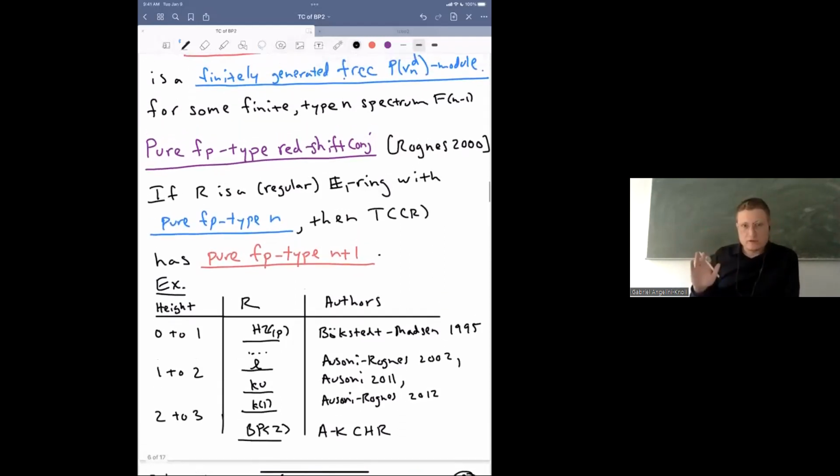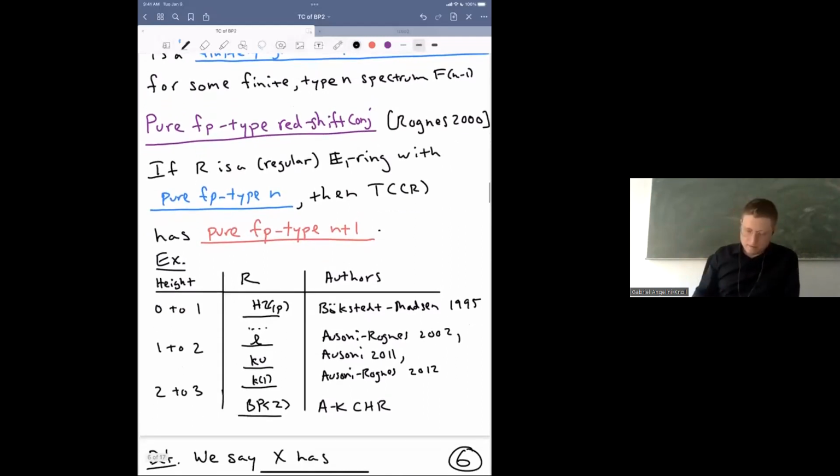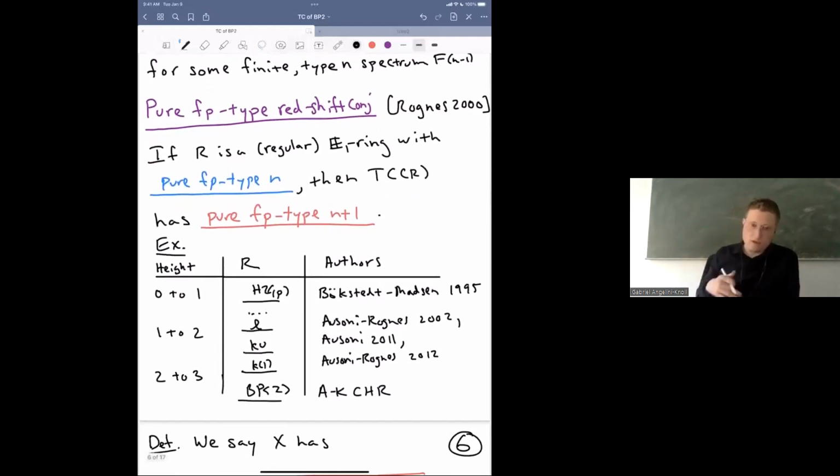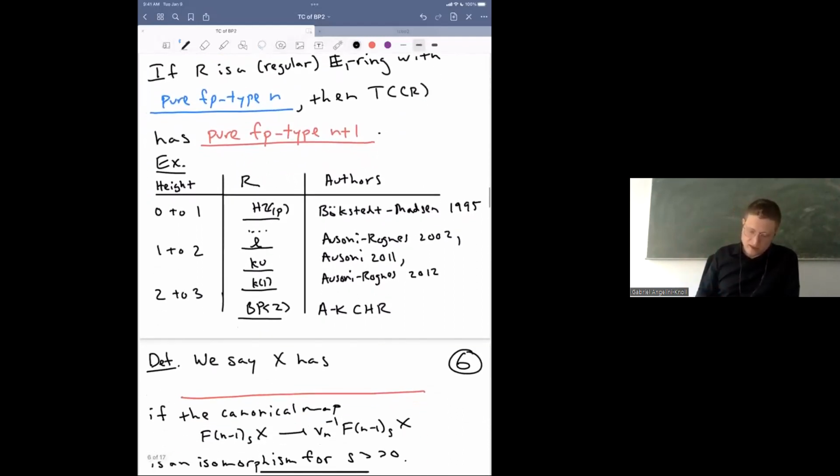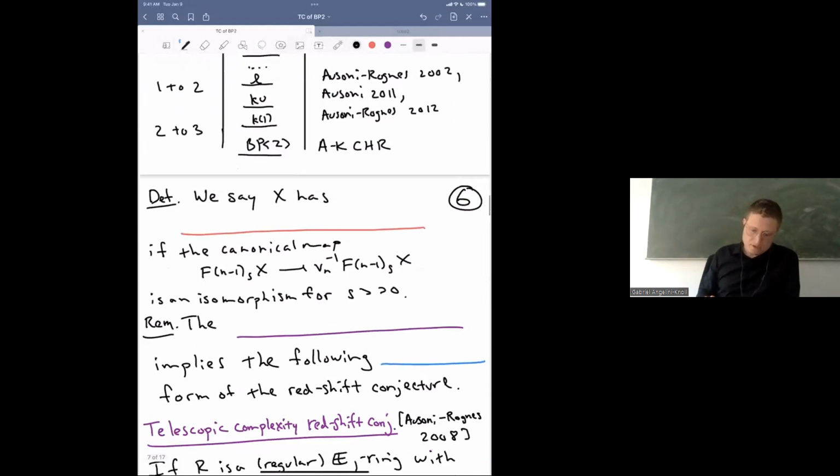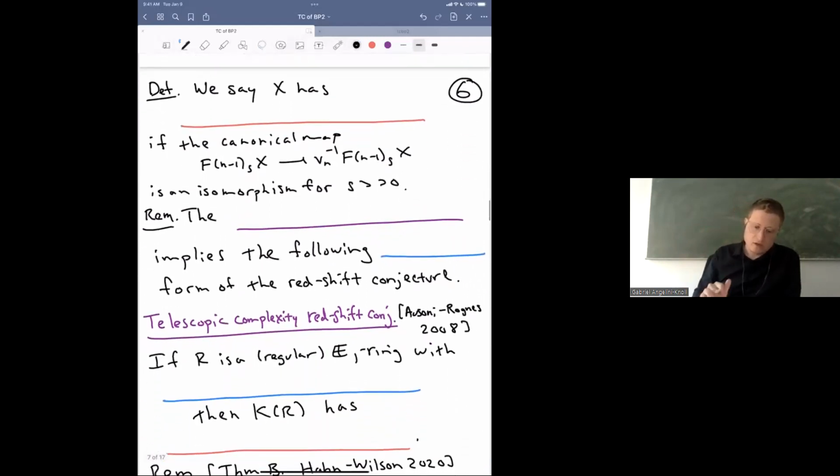And now I know many of you in the audience are familiar with the Hahn-Wilson paper, so I want to say a little bit about that as well. So there's another formulation of the redshift conjecture, which is the following. So we say that X has telescopic complexity n.